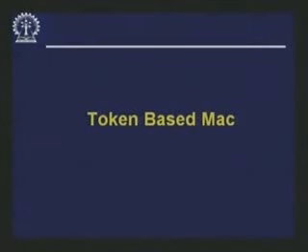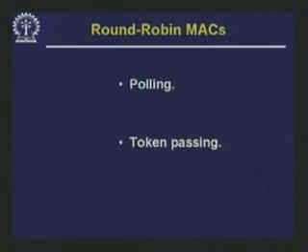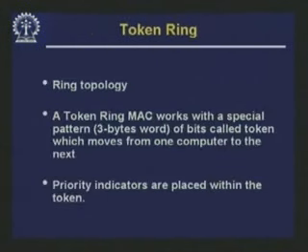So we are going to talk about token based MAC, and specifically some kind of round robin MACs. That means the chance to transmit comes to each of the stations in a round robin fashion. This can be done, as I mentioned earlier, through polling or token passing. Here we will be specifically talking about token passing.